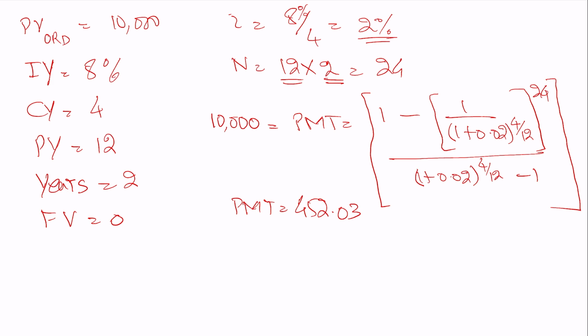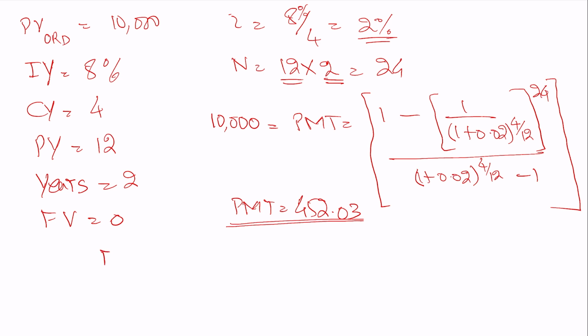So first we need to know PMT, and then we see how we can go further. So PMT we already calculated. Now we also need to know the future value of this 10,000 after 9 months, right? Because we want to calculate on the 10th payment, so after 9 months.